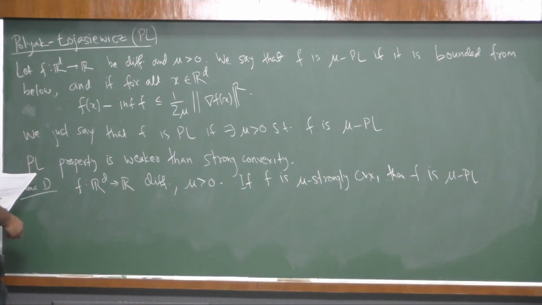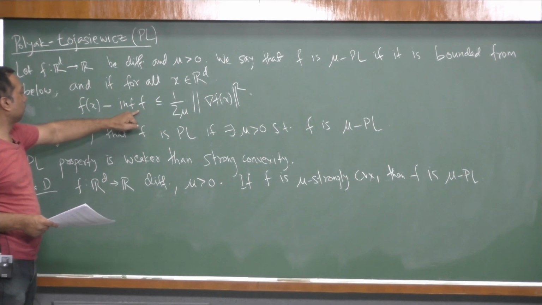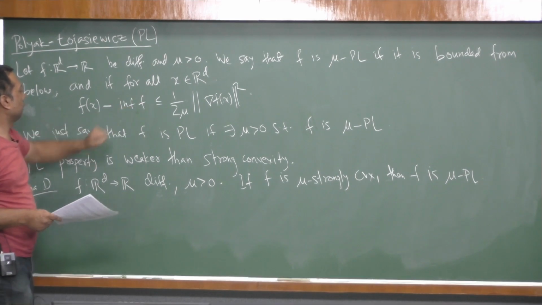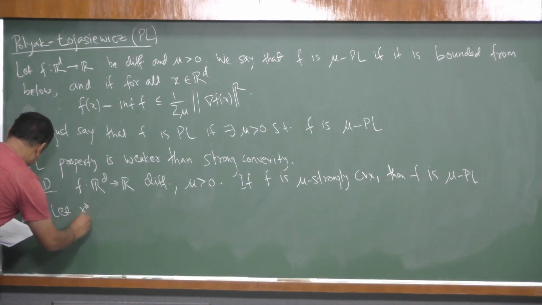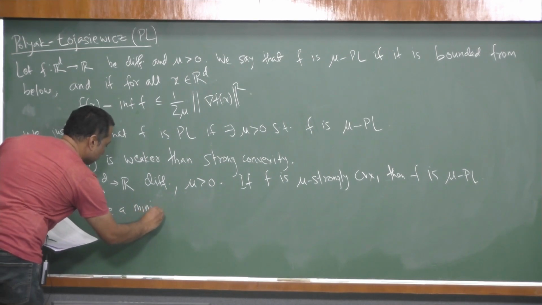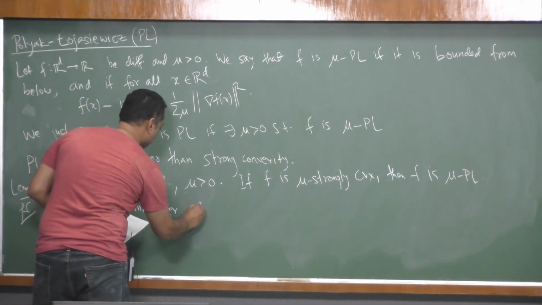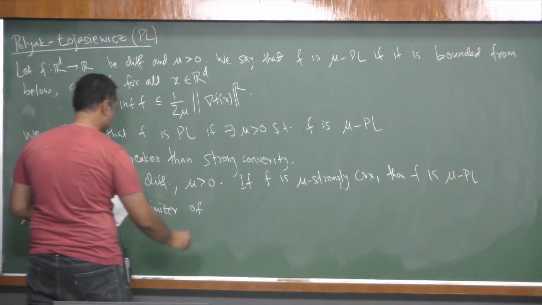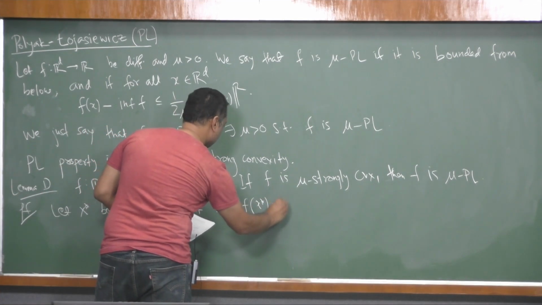So let x star be the minimizer of f, such that f of x star is the infimum of f.